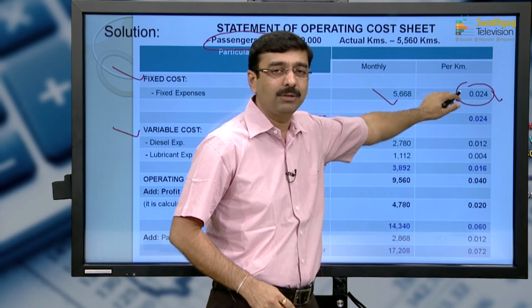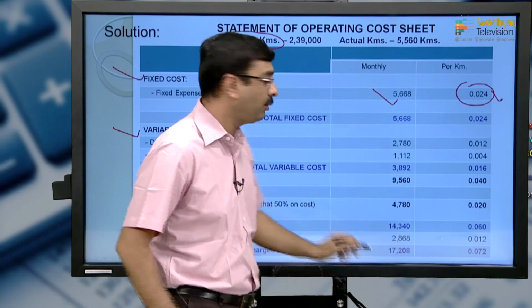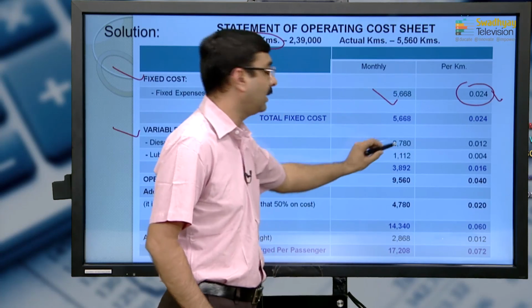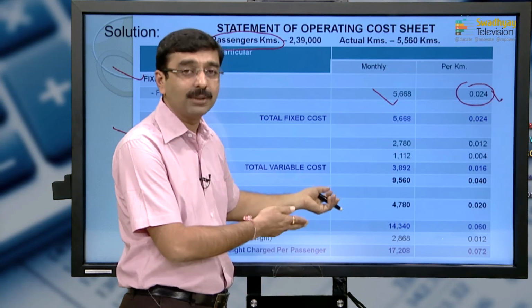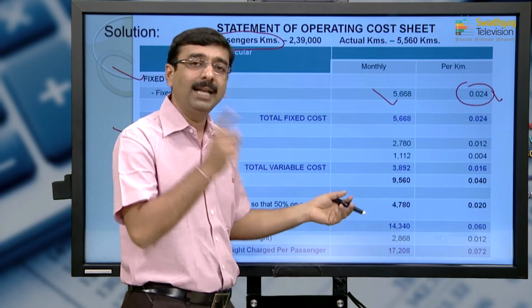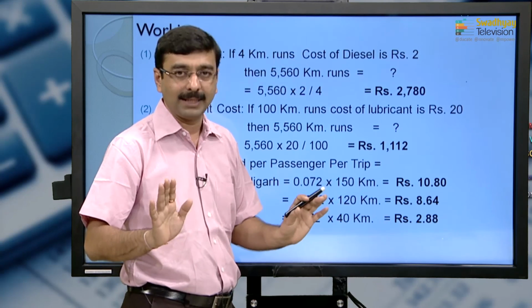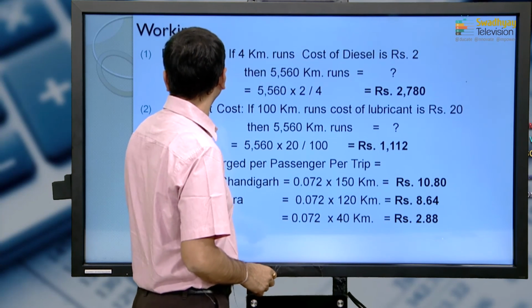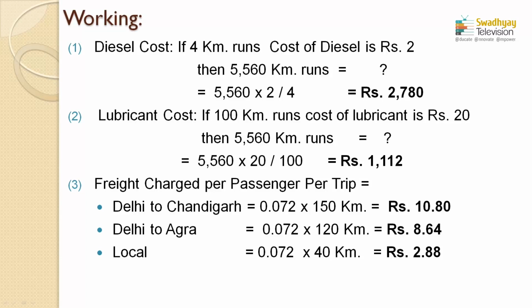And when the diesel cost is not mentioned, to determine it actual mileage is required. Now see the first working: if it runs 4 km, the cost of diesel is 2 rupees per liter.